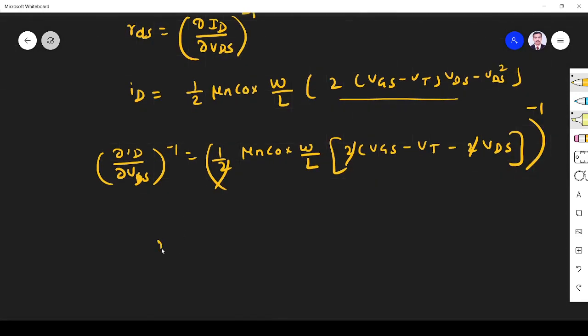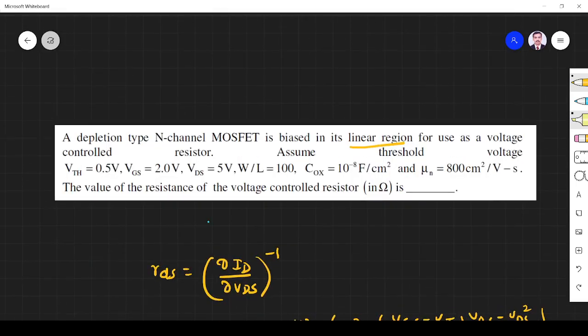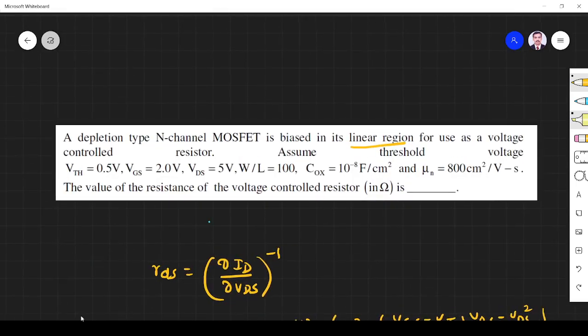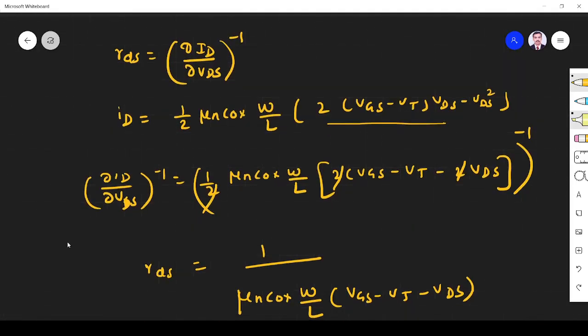So RDS is equal to 1 by mu N COX W by L times (VGS minus VT minus VDS). Everything is given. Mu N COX is 10 power minus 8, mu N is 800.